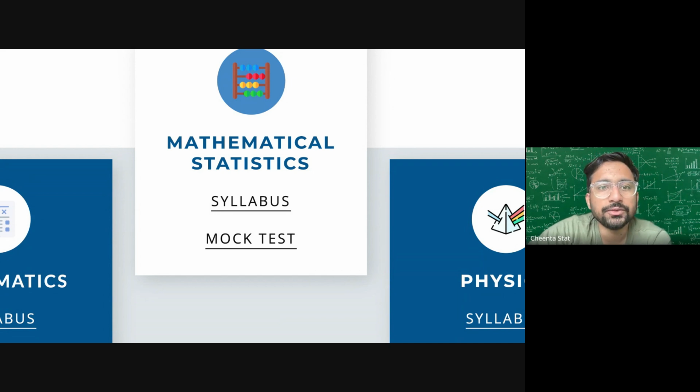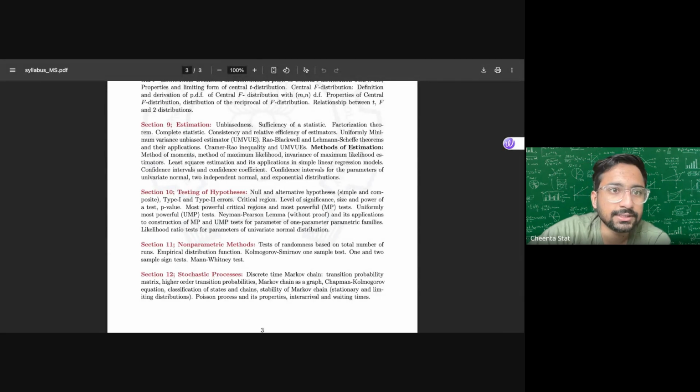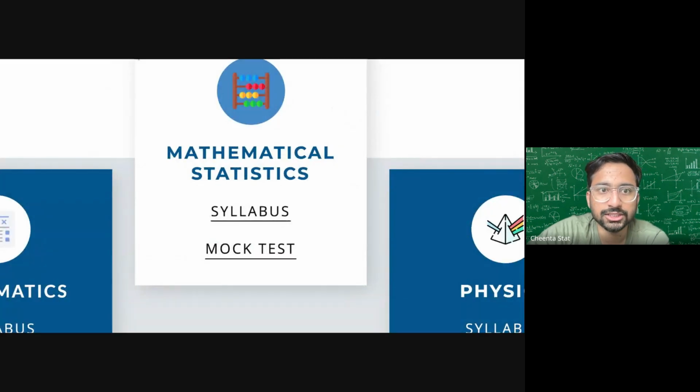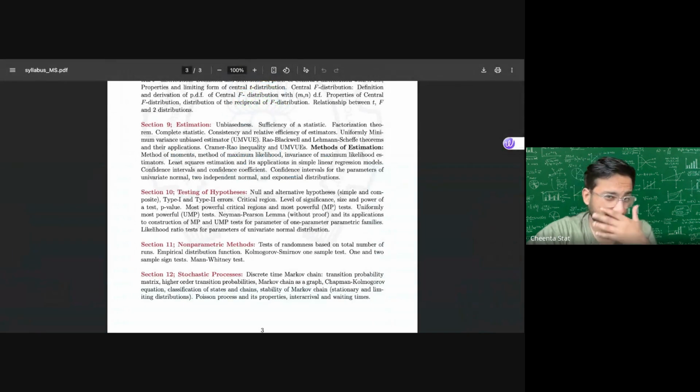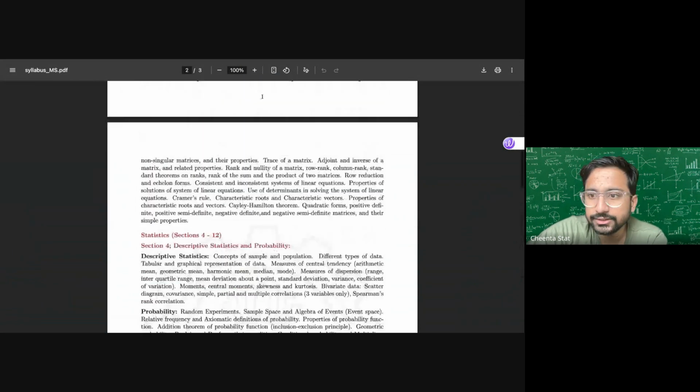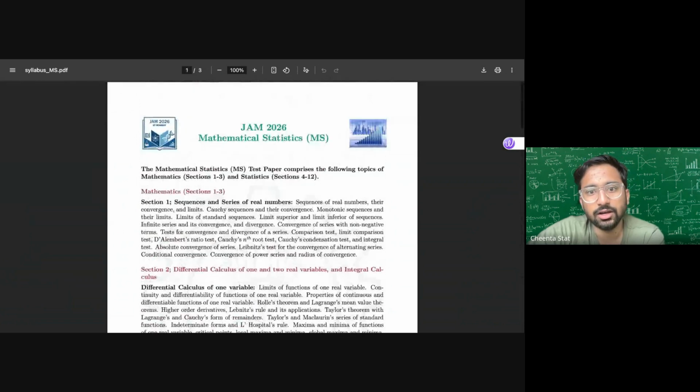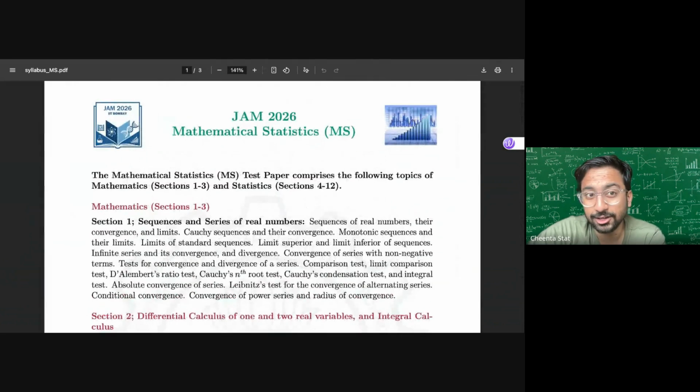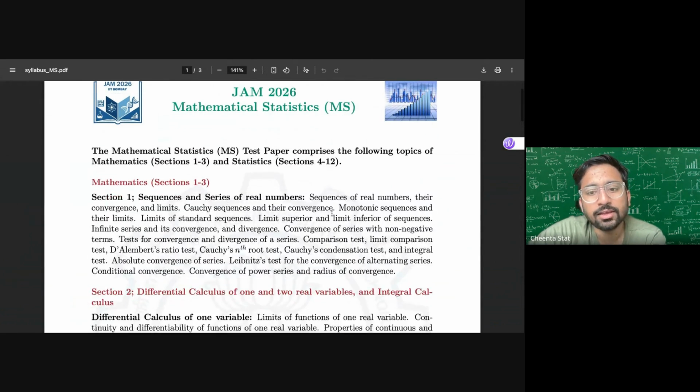So let's first go into the syllabus. This is the official website of JAM 2026. It's being organized by IIT Bombay. Now let's understand a few more things, like mostly what is being added.